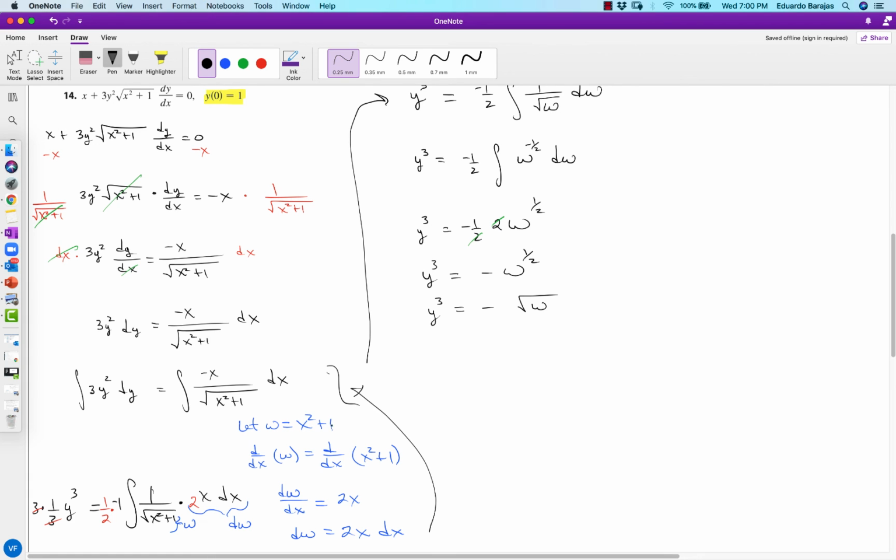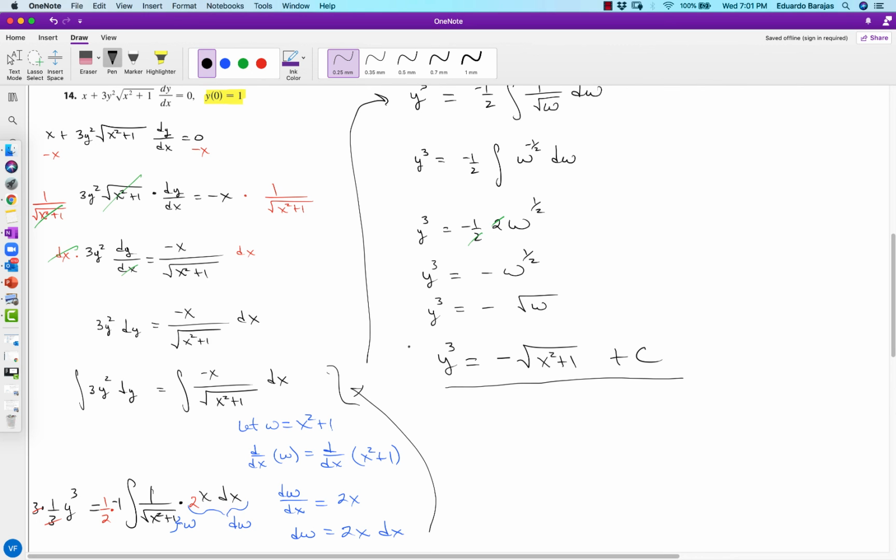So the w is x squared plus 1. So that means that y to the third power is equal to minus square root of x squared plus 1 plus some constant. Right?